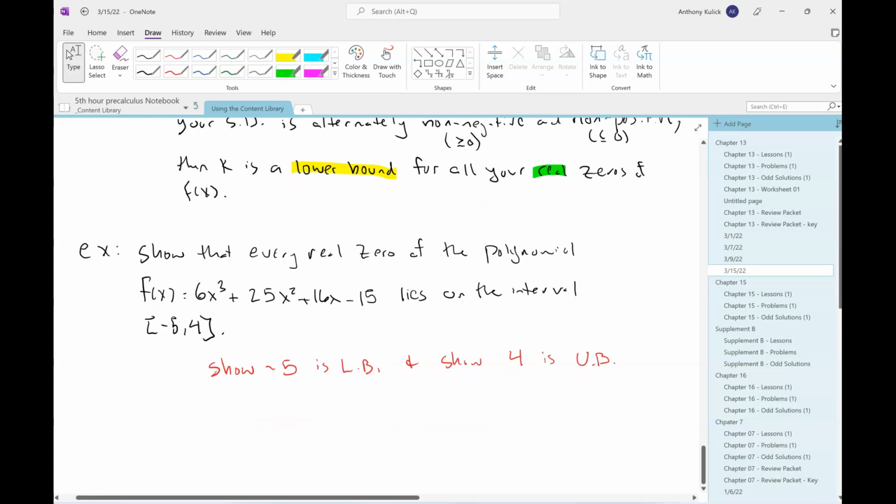Everybody's cool with that? So really just doing the synthetic division. That's all our theorem says to do. All we need to do is look at the bottom line of our synthetic division. So let's just rock and roll that.